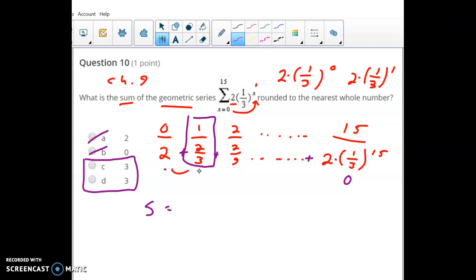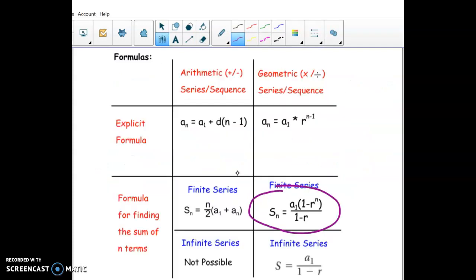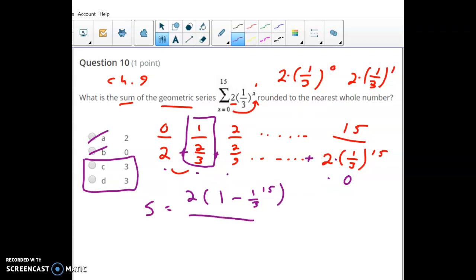So our sum is actually adding all of this stuff together, so the first number in our sum is actually 2. And then we have 1 minus r. So r is 1/3 because we're multiplying by a third each time. So we have 1/3 to the 15th power. N is 15. Again, I'm just filling in this formula right here. And then over 1 minus r.